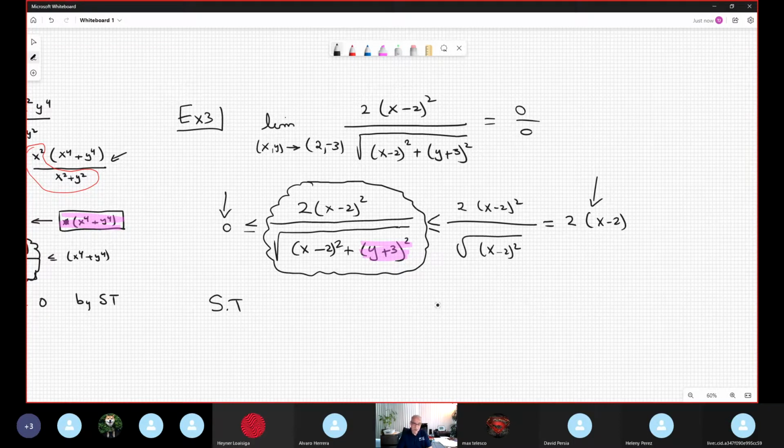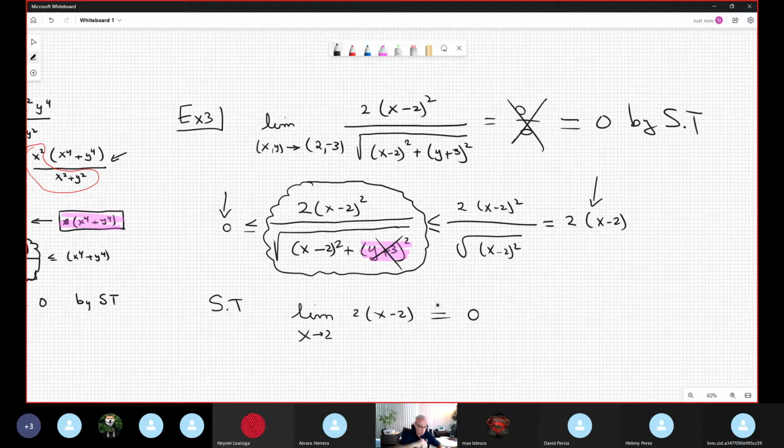Well, it's 0 here, obviously, and you convert this complicated problem into one easy case, x approaching 2 of 2 times (x minus 2). So the y disappears because I deleted it mentally, remember? And this is 0. Our limit is not indeterminate, it is equal to 0 by the squeezy theorem. Cool. I like this. I know it's sophisticated, it's complicated, but I like that.